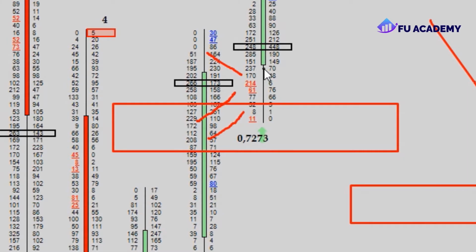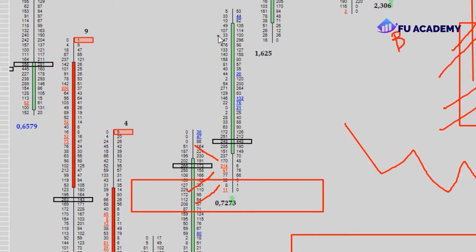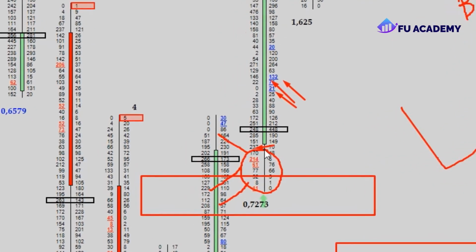Sellers are trying to push the market hard, but the candle closed bullish, and as the candle is closing bullish, I'm also seeing the buyers joining here. If you see the big buyers, 102, 76, 23, these big buy contracts are also joining. So that means this was a 100% trap.